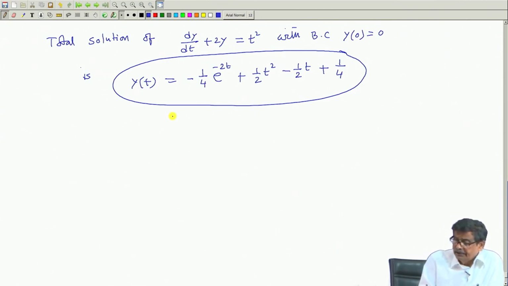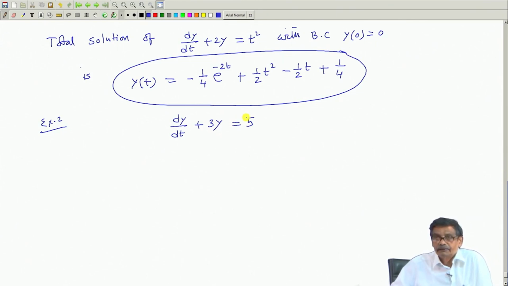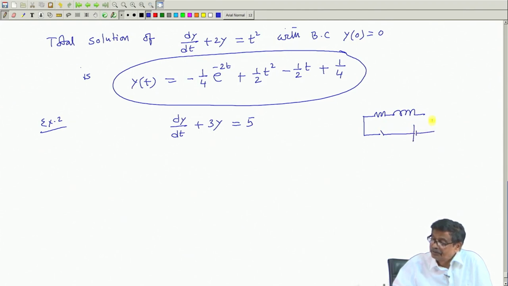For example, let us say another example, example 2, dy/dt plus say 3y is equal to 5, a constant DC voltage. Suppose this circuit, an RL circuit, you have connected a 5 volt supply to it.